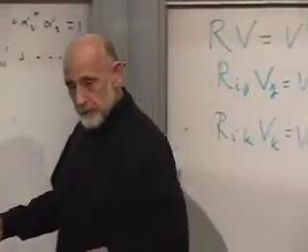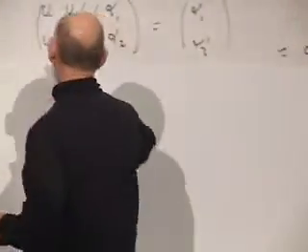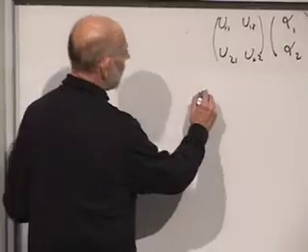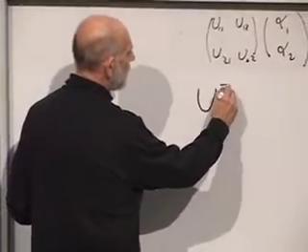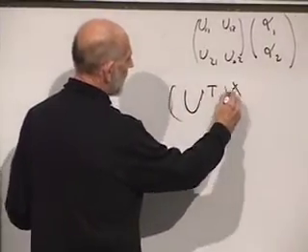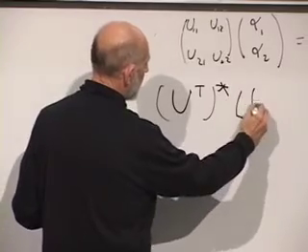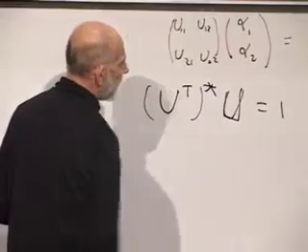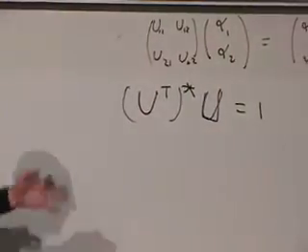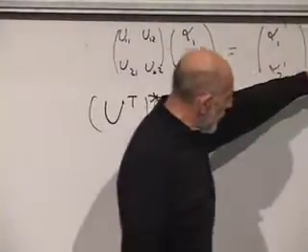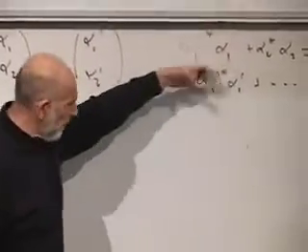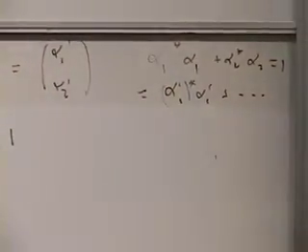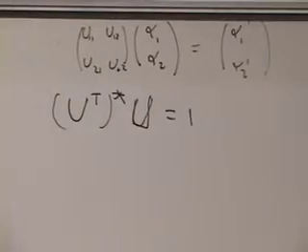I'm not going to work it out now. You can work it out yourselves. It's the condition that U transpose complex conjugate times U is equal to 1. There's just an extra little complex conjugate, because when we sum things, we sum them multiplying by their complex conjugate.